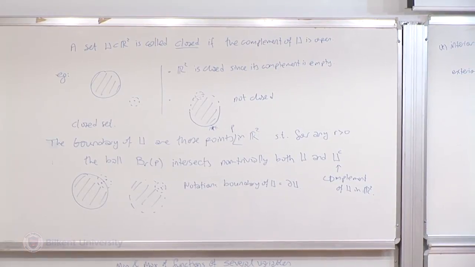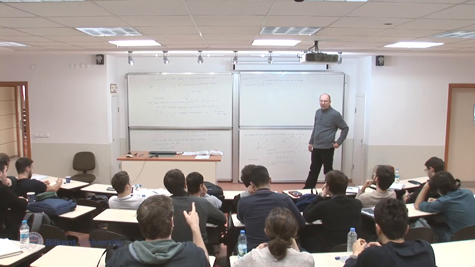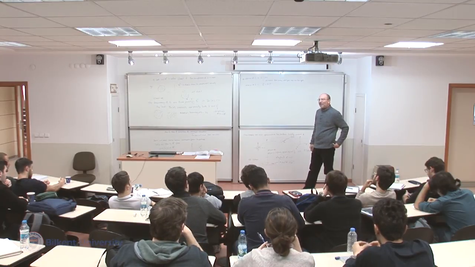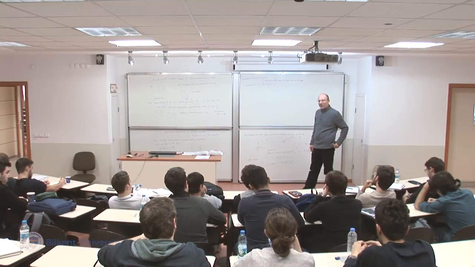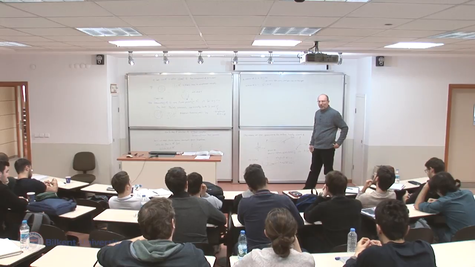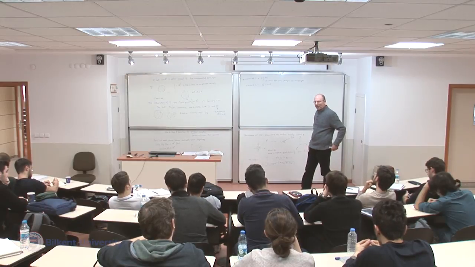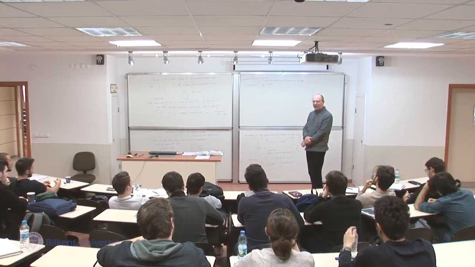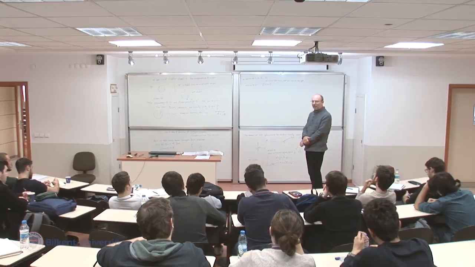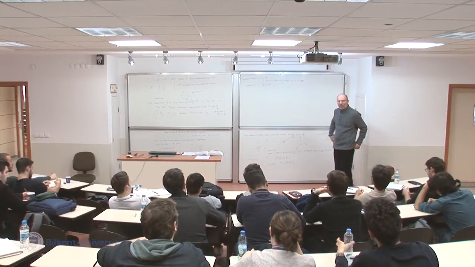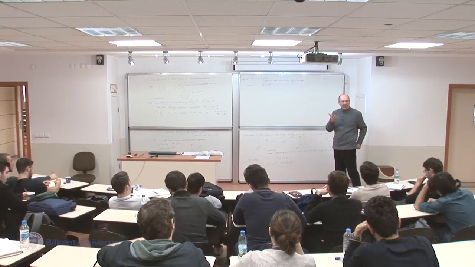You have a question? Is the boundary of U the same as the boundary of U complement? In topology, I hesitate to answer such questions because there are very extreme pathological cases. So I'll leave it to you as an exercise. One is tempted to say yes, but you have to think about this. Maybe there's a counterexample, but I'll check and I'll let you know. This topology is very exciting because you have these expectations.